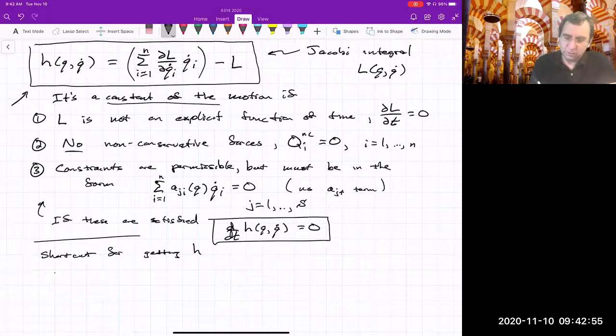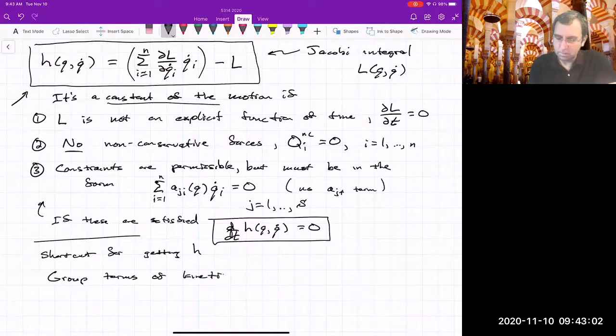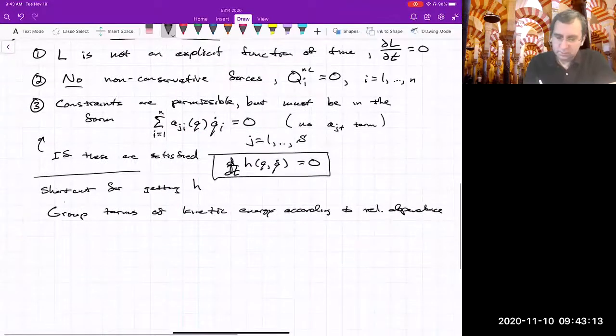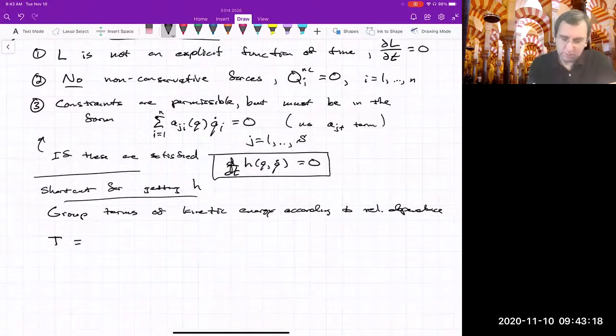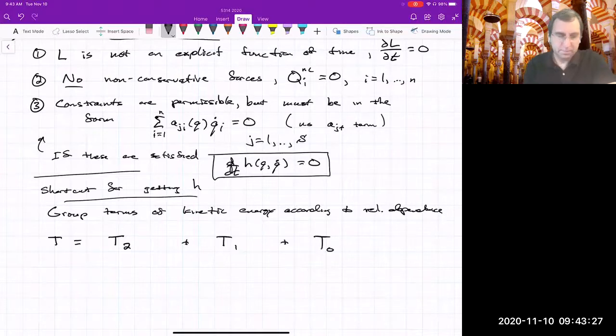Well, you group the terms of the kinetic energy according to velocity dependence. So we've got T, the kinetic energy. We'll write it as T2 plus T1 plus T0.